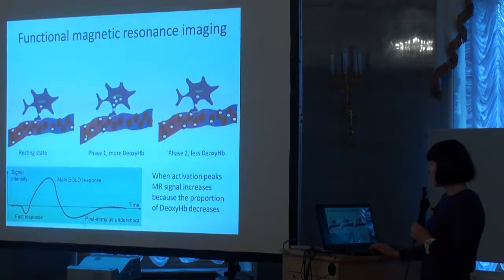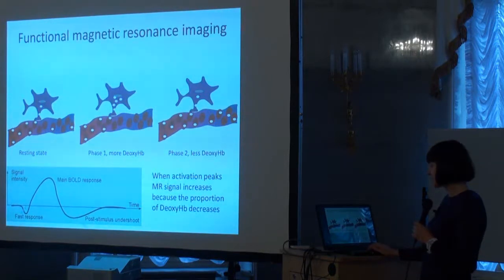At the first phase of neuronal reaction to a cognitive task, a neuron consumes much more oxygen than in the resting state. This is why no oxygen is here. All is consumed.